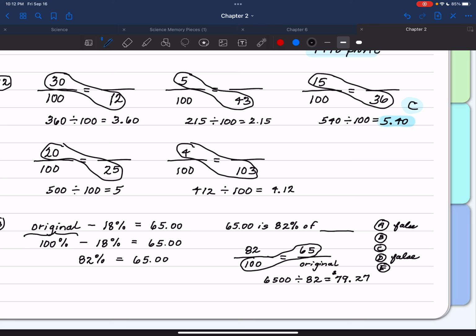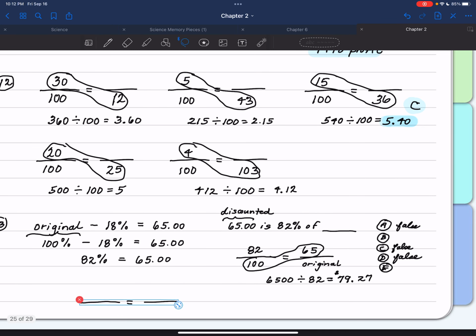Ted's answer is incorrect because the discounted price should be less than $65. That is not true because the discounted price is $65. They told us that after the discount, this is what he paid. So that statement is just not true. Ted's answer is incorrect because he increased $65 by 18%. Let's try that and see if that's indeed what he did. I suspect that's the answer, but I need to know that for sure.